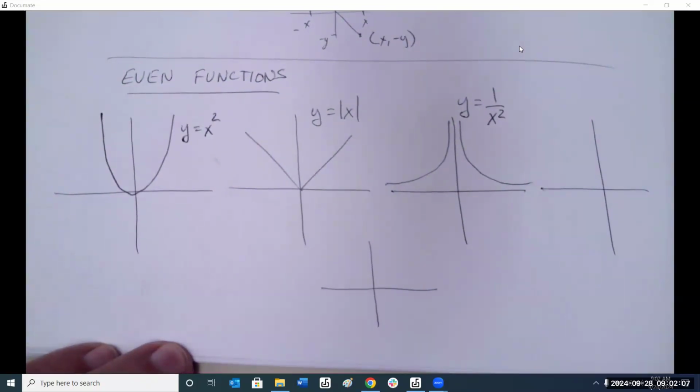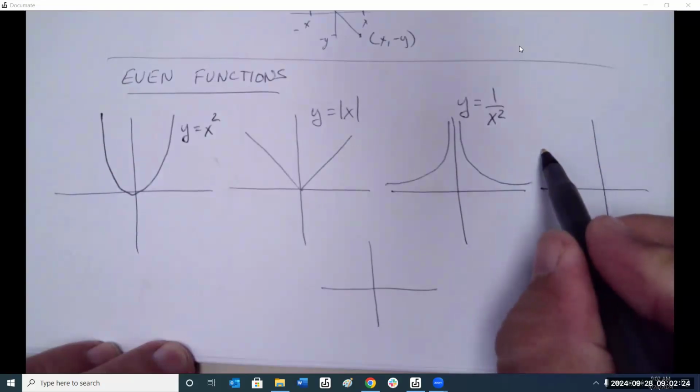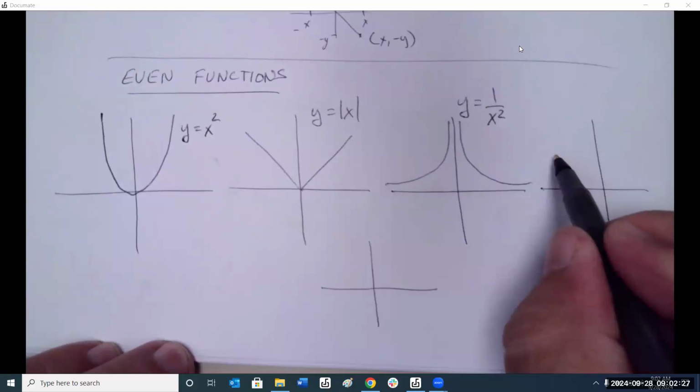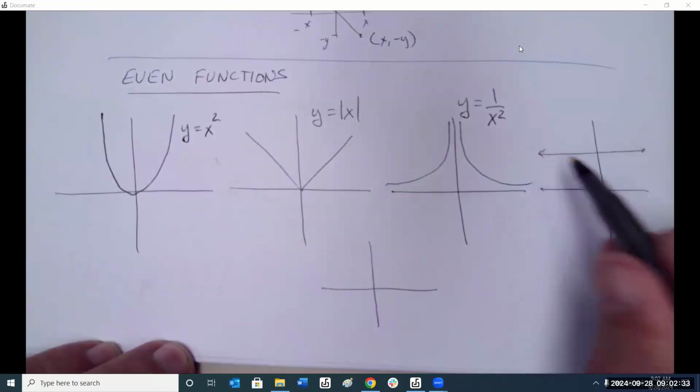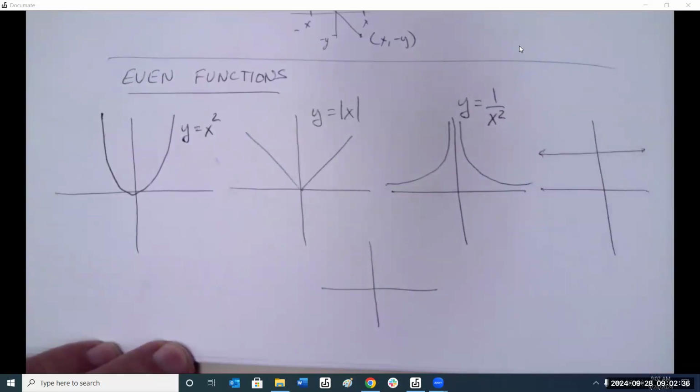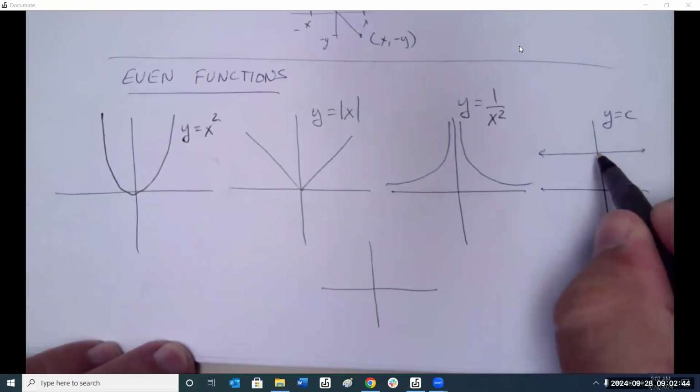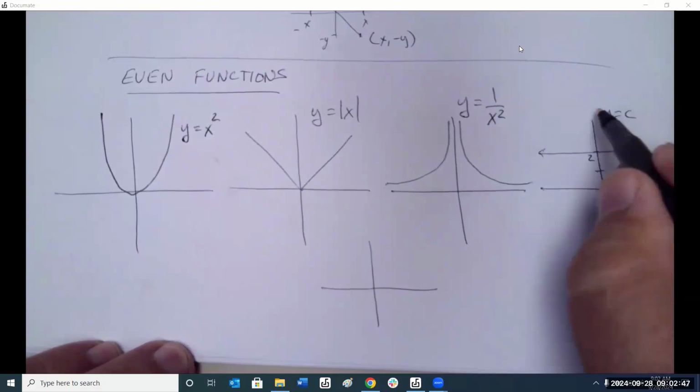What's another one? Not a function. Has to be a function. What does that function look like? It's a constant function. So if this value is at 2, then it's y equals 2.